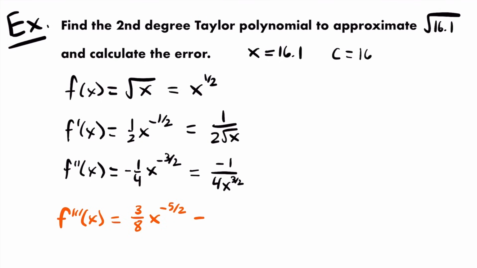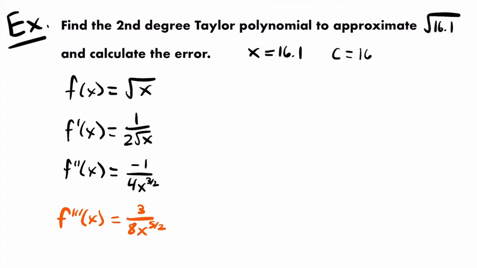And we can rewrite the third derivative to be 3 divided by 8 times x to the power of 5/2. All right, so I just moved x to the power of negative 5/2 to the denominator, which makes that exponent positive. All right, now if I clean up my work here, we now have our first three derivatives for our function f of x, and so now we can find the second degree Taylor polynomial for this function.